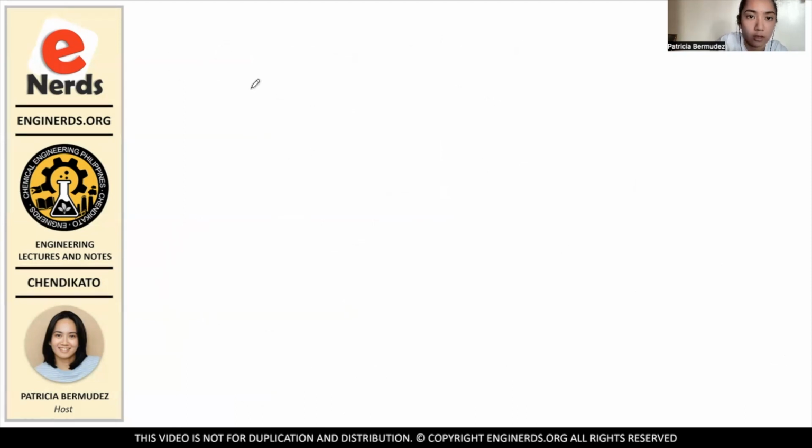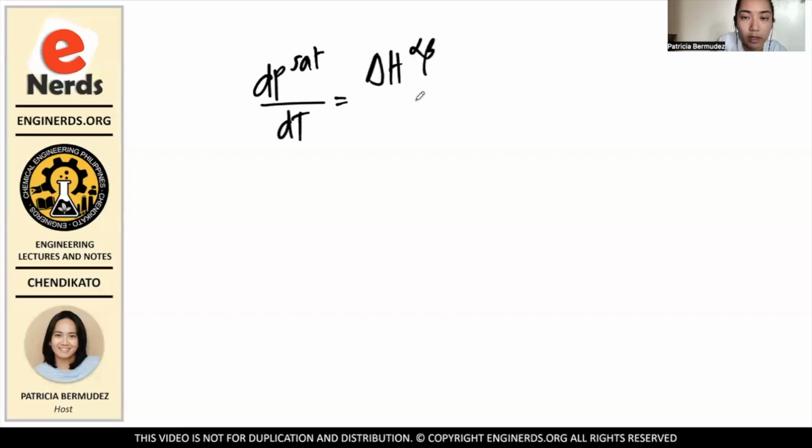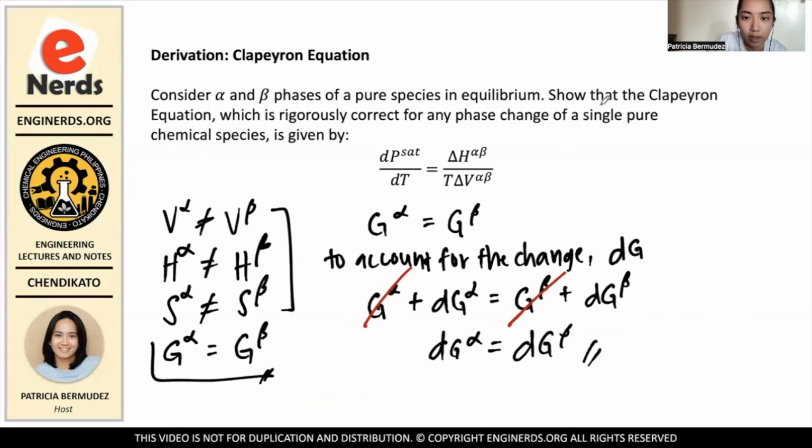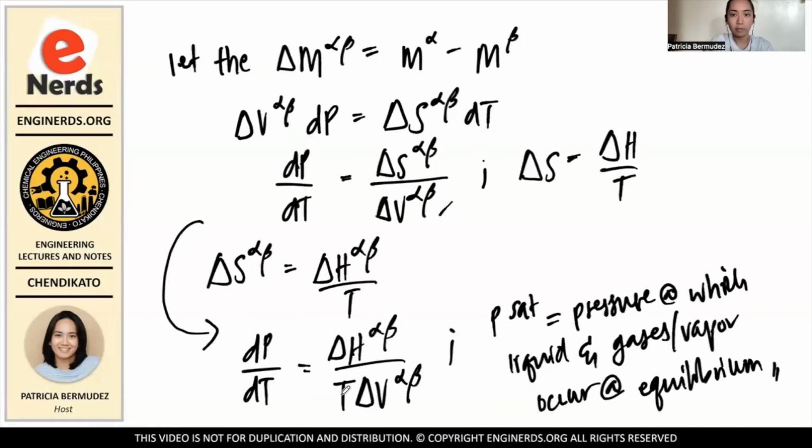Therefore, dP sat over dT is equal sa difference in enthalpy of phases alpha and beta over T times the difference in volume of phases alpha and beta. And that is our Clapeyron equation that we have derived from these relations here. So that is our answer for the problem.